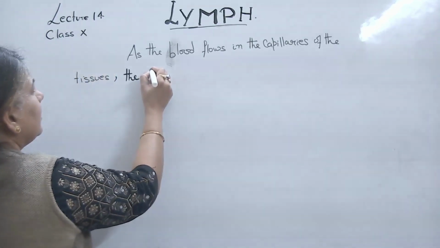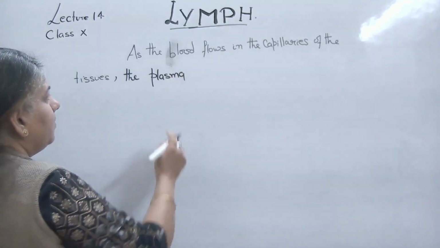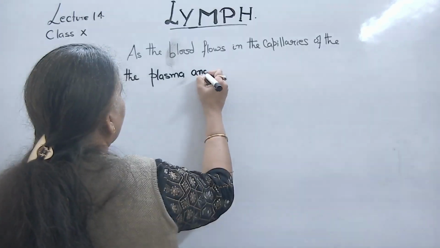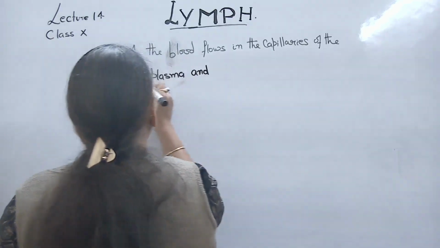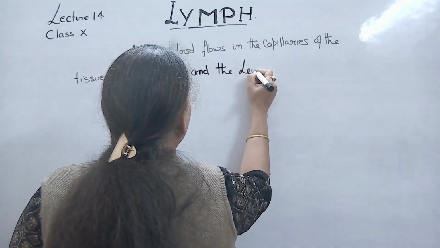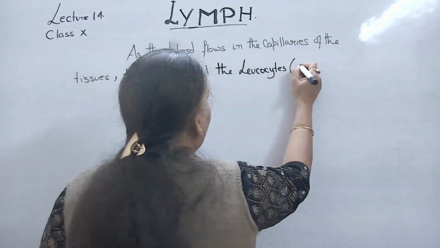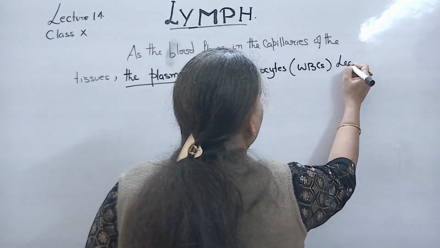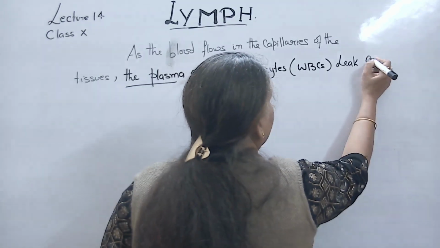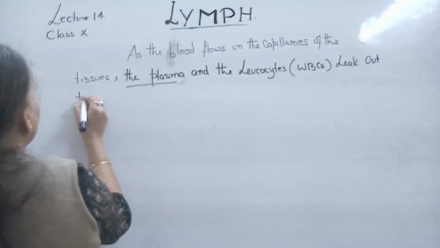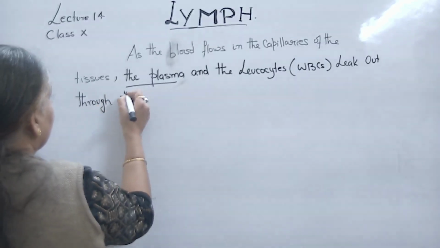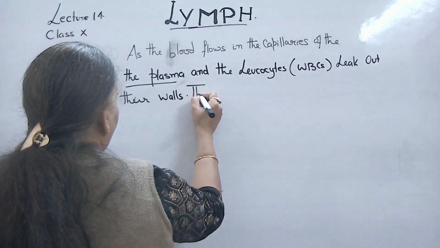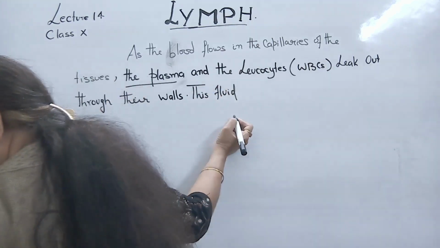The plasma, you already know, is the fluid part of the blood. This fluid is called tissue fluid.